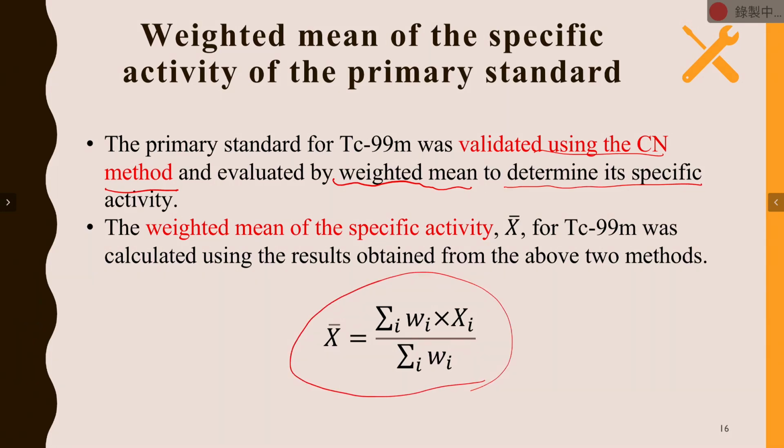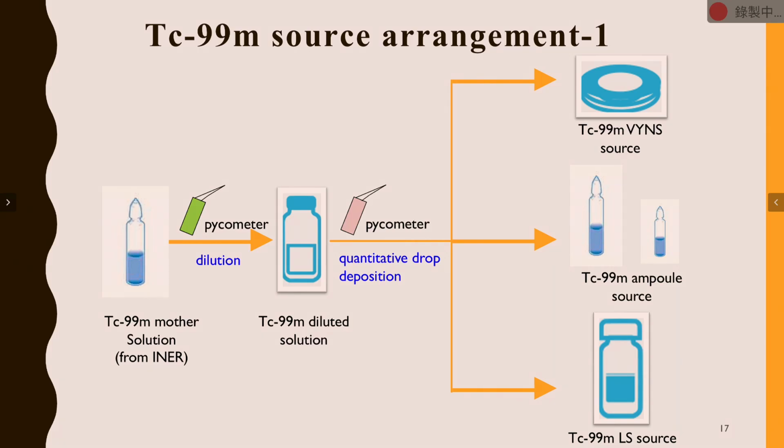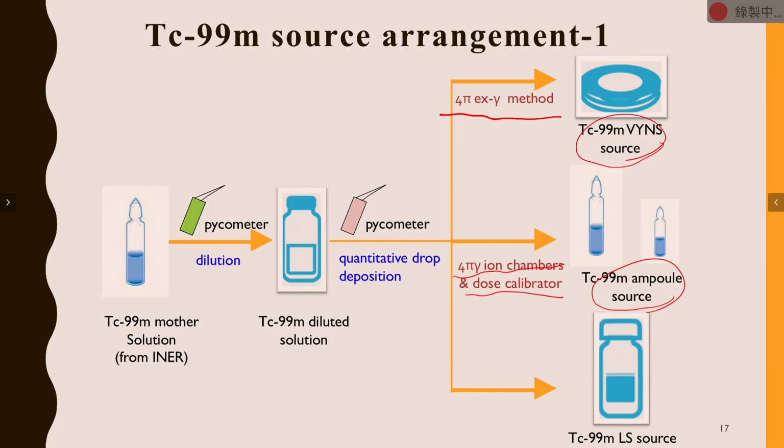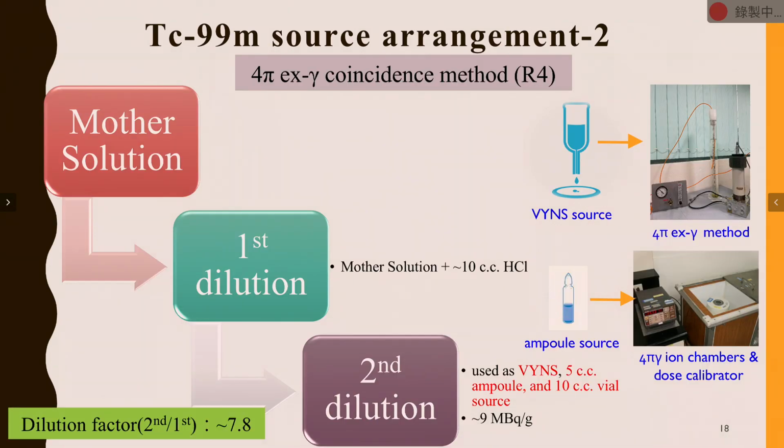To make proper counting rates for different counting methods, the Tc-99m solution was diluted. Additionally, various source preparations were made, such as the bead source for the 4π eS-gamma method, the ampoule source for the 4π ion chamber and the dose calibrator, and the LS source for the CN LSC method. For the 4π eS-gamma coincidence method, the mother solution underwent a 2-step dilution process before source preparation.